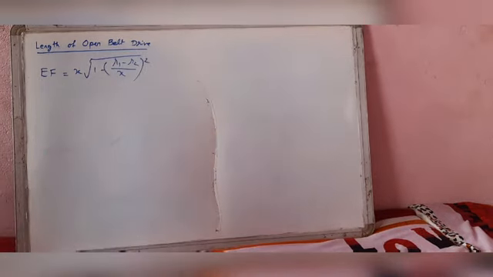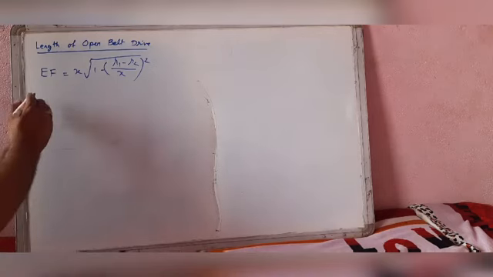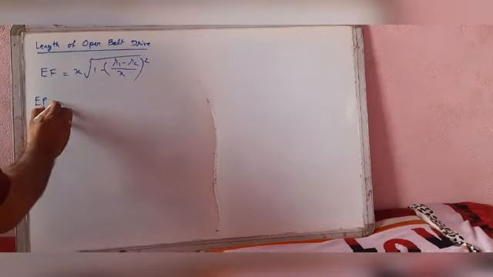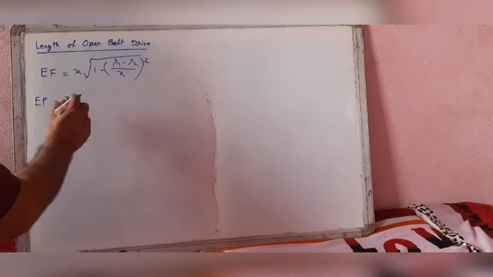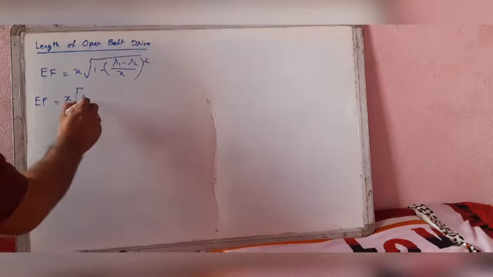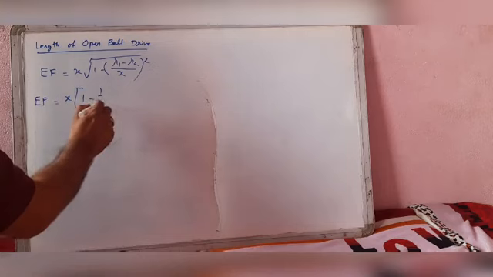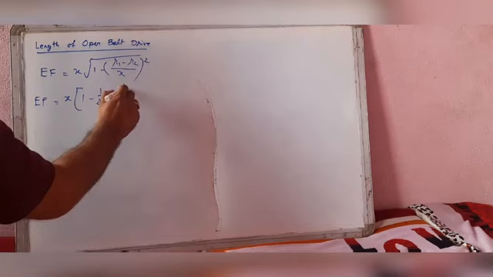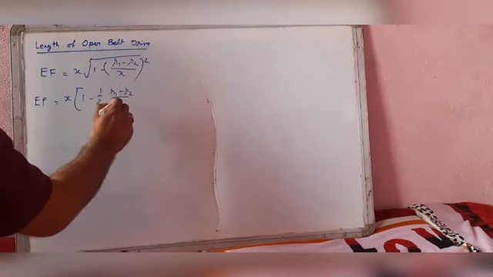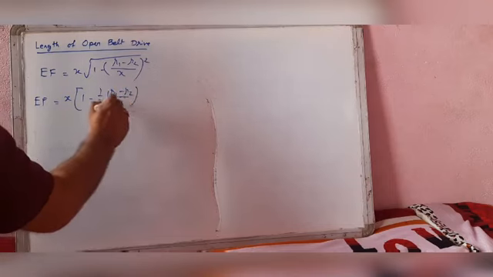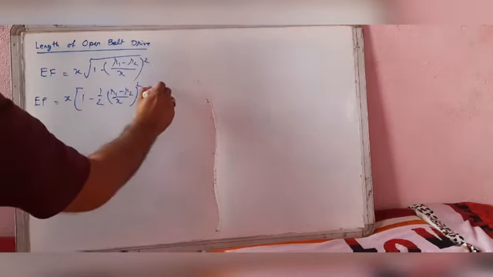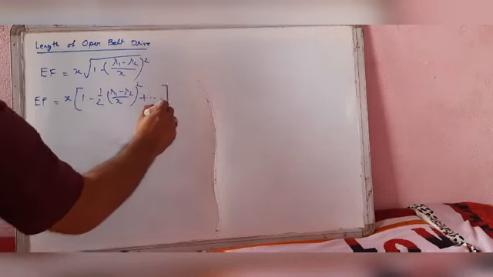Expanding this by the binomial theorem, which we have studied in 11th and 12th, this is X into 1 minus 1 by 2 times (R1 minus R2 by X) to the power 2, neglecting the higher orders.